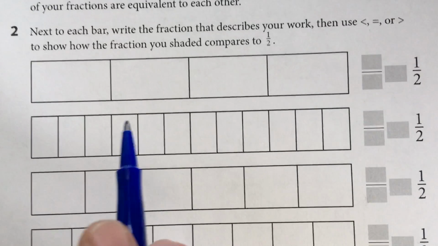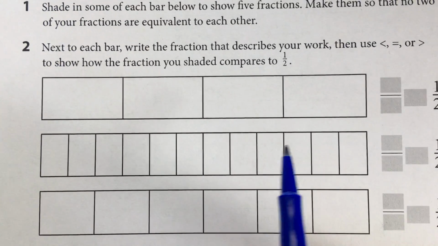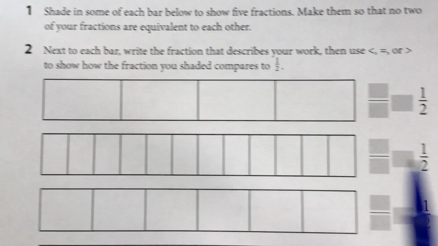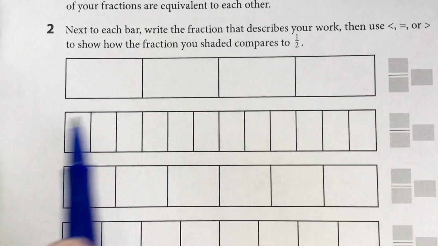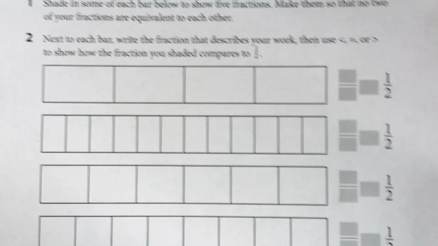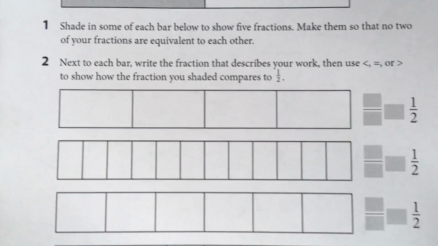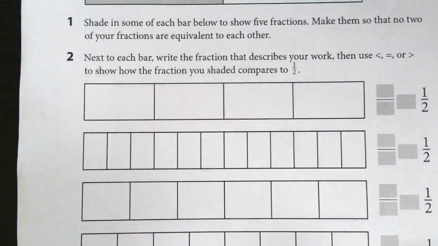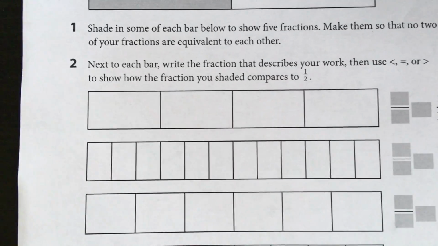Or if I'm looking down here, I count 1, 2, 3, 4, 5, 6, 7, 8, 9, 10, 11, 12 pieces for this bar right here. So I know that this has been broken into 12ths. That's the first thing I would do, make sure you know what fraction you're working with for each one of these.